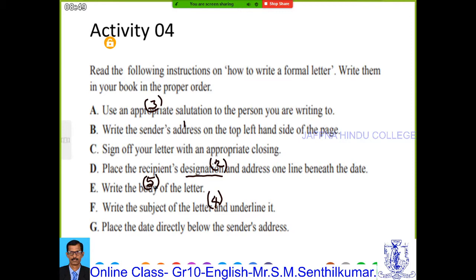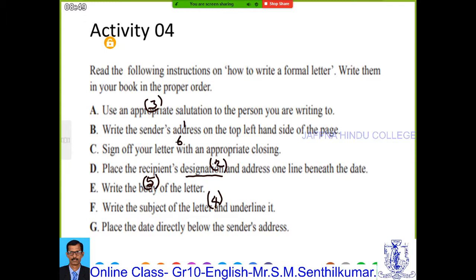Sign off your letter with an appropriate closing. Sign off your letter with appropriate closing. So this is the last one here.